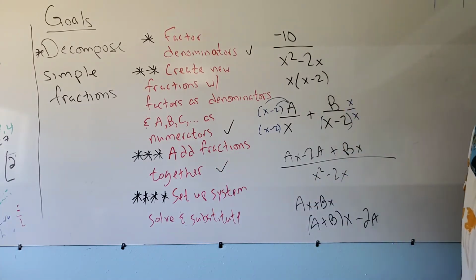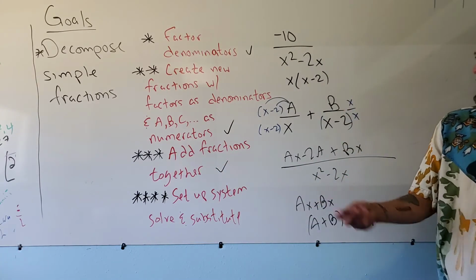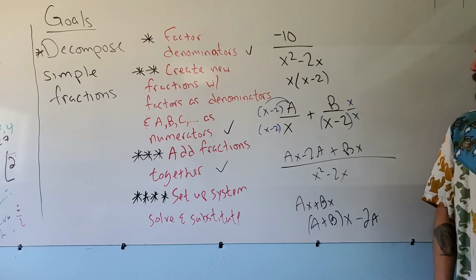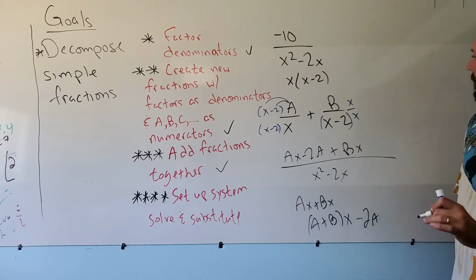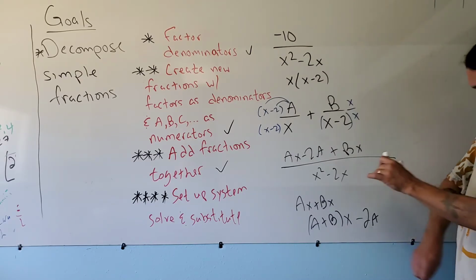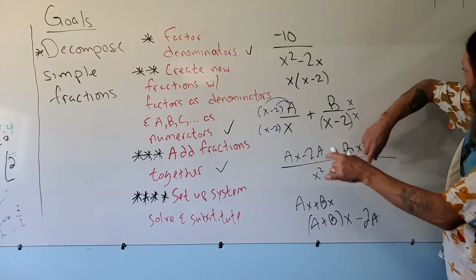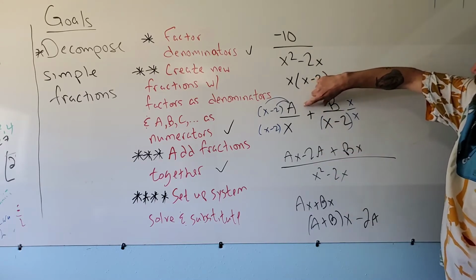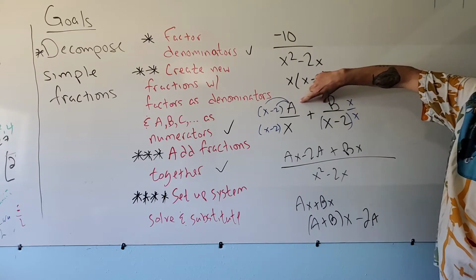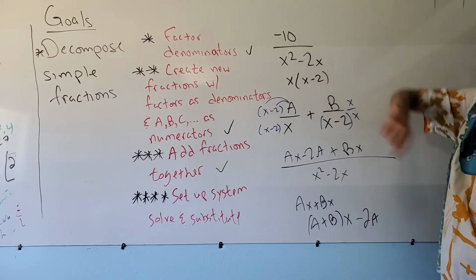So we're going to get to the point now where we're going to set up a system. And this part's going to be a little tricky for some of you guys. Remember, this fraction that we split apart, these numerators have to combine to -10. So let's see here.